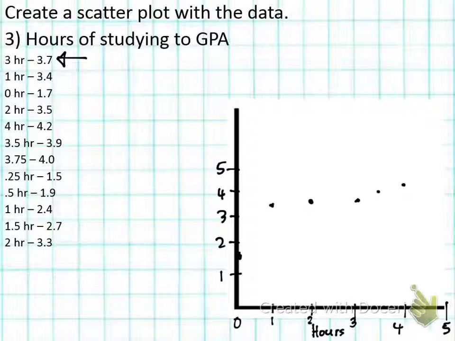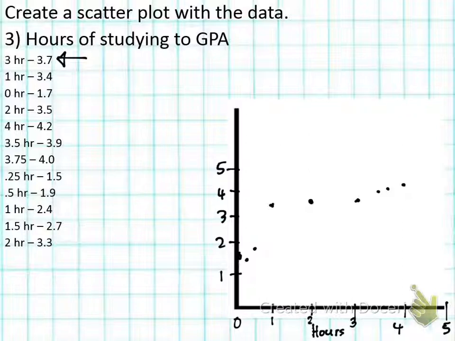Next person is 3 3/4 hours. They have a 4.0. Actually, right about here. Next person, they only study like 15 minutes a night. They have a 1.5 GPA. Next person has half hour a day, and they get a 1.9 GPA.